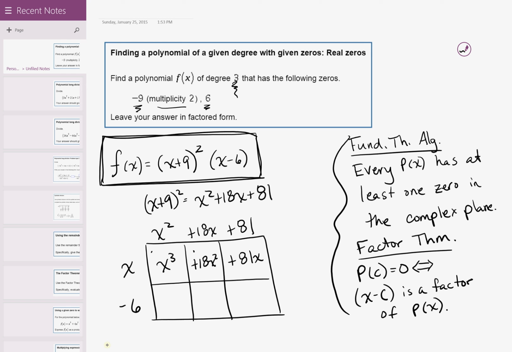Negative 6 times x squared is negative 6x squared. Negative 6 times 18x is, let's see, negative 108x. Checking my math, yes. And then this will be negative 6 times 81, negative 486.